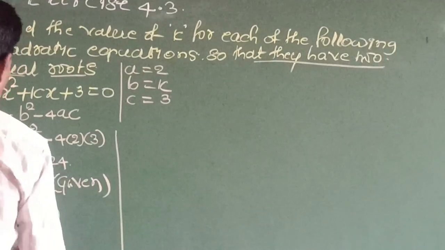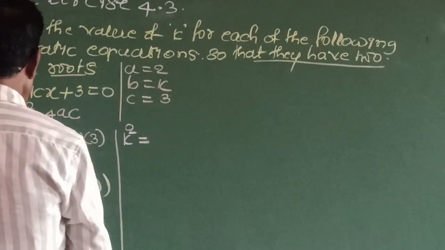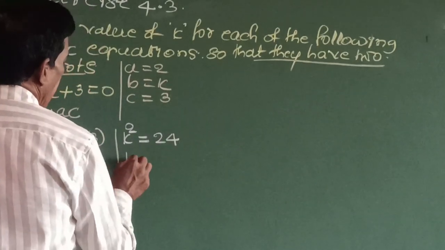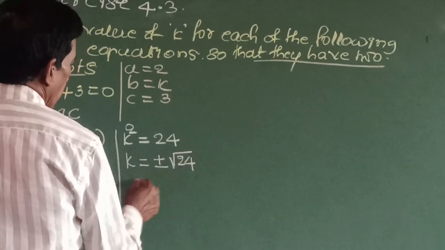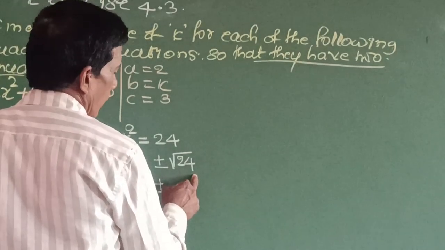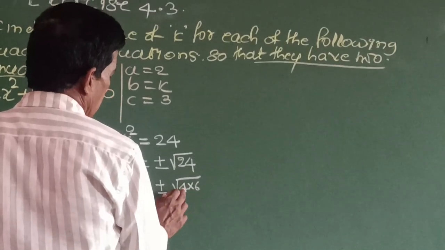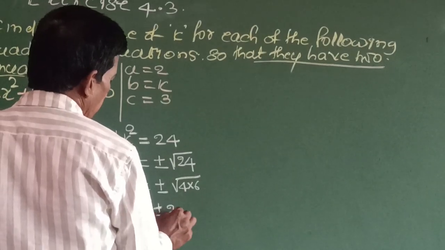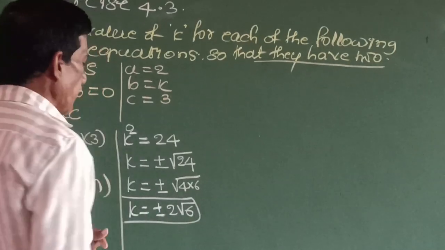Next, k square remains in the same place, and the 24 transfers to the other side, plus 24. K will be plus or minus root of 24. K equal to plus or minus root of 4 into 6, 24. 4 is a square number, so the square root of 4 is 2. K equal to plus or minus 2 root of 6. That is the k value: plus or minus 2 root of 6.